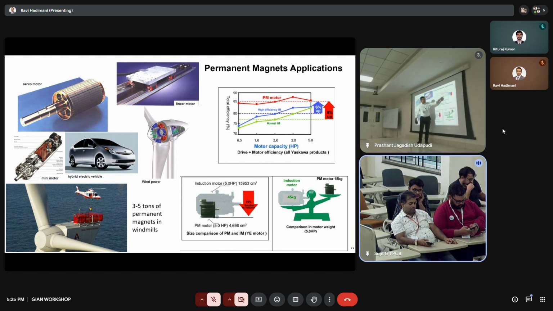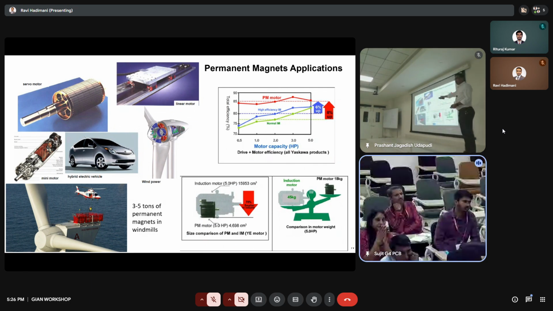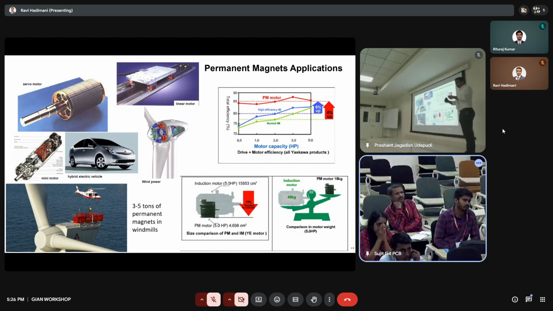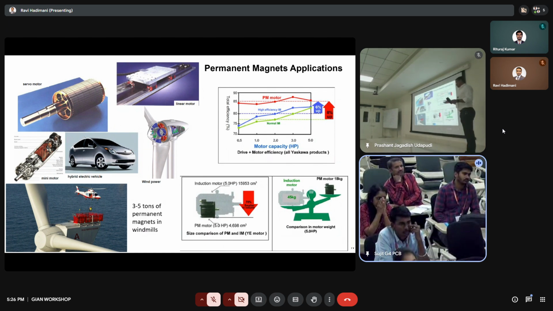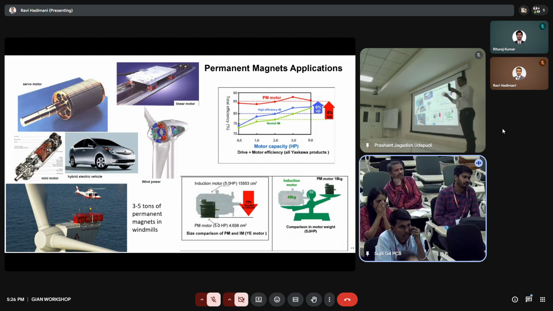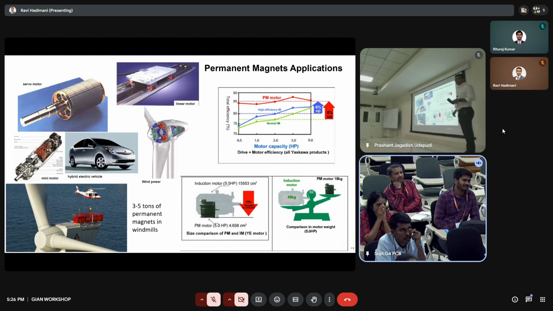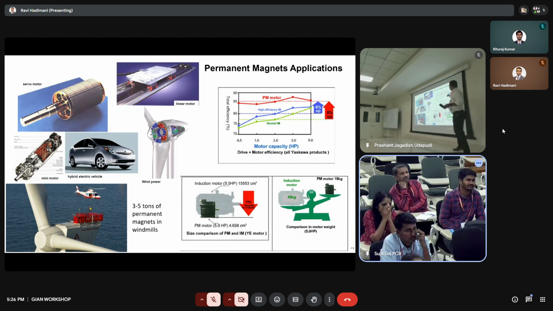So the soft magnet motor has so much efficiency, the best one after all the research, whereas the permanent magnet motor has even higher efficiency just because of how the motor is structured. Again, I teach that motor structure and how the torque is generated in a different class. But permanent magnet motors are much more efficient.